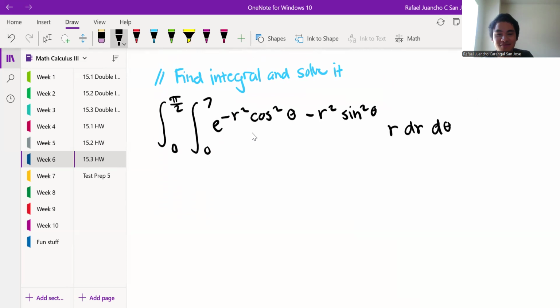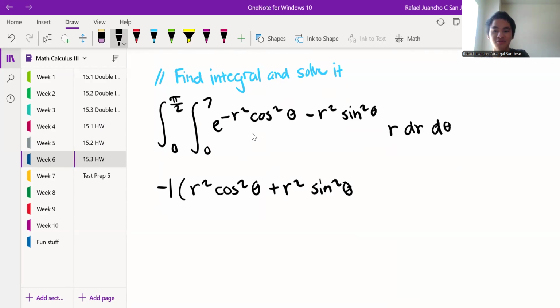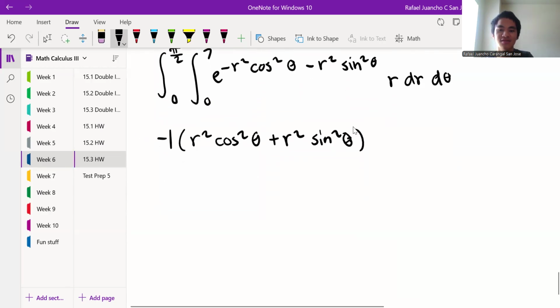Okay, let me try to factor it out. Let me see. r squared cosine. Oh, I think I could do something with this. Let me try to think. I could factor out an r squared, right?